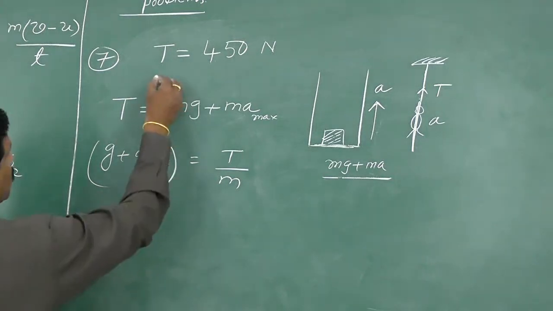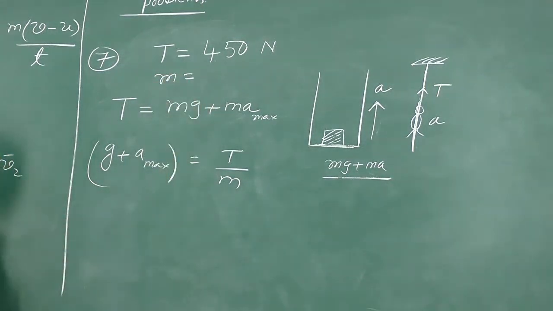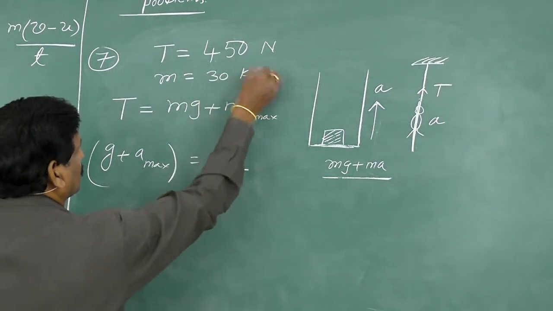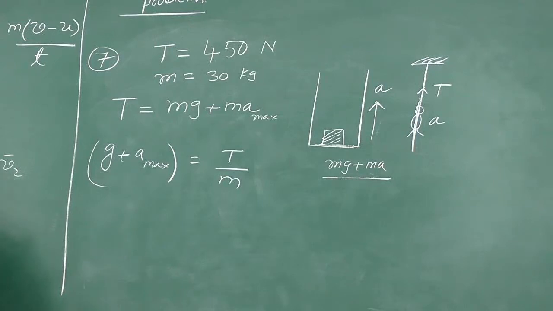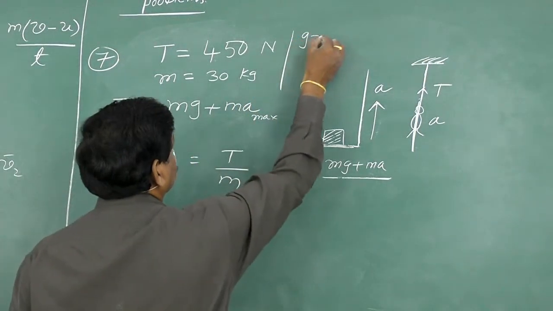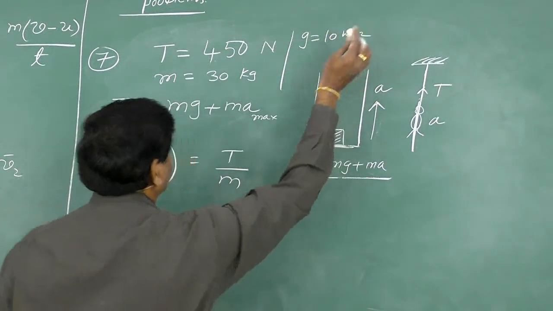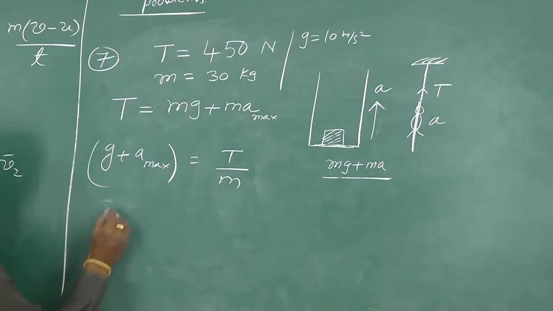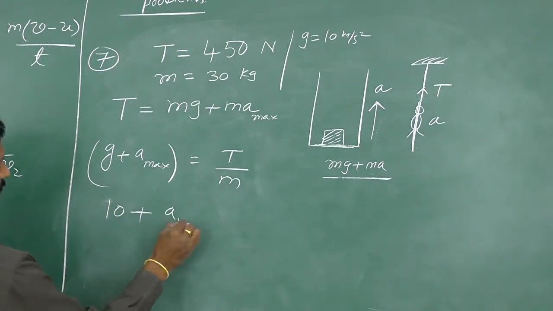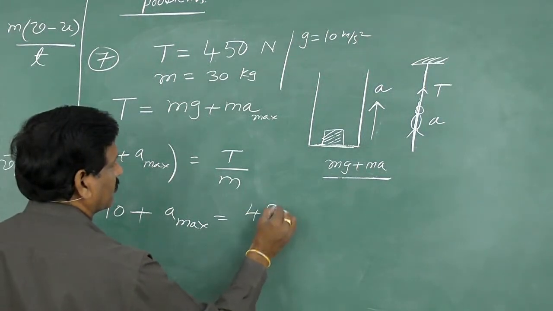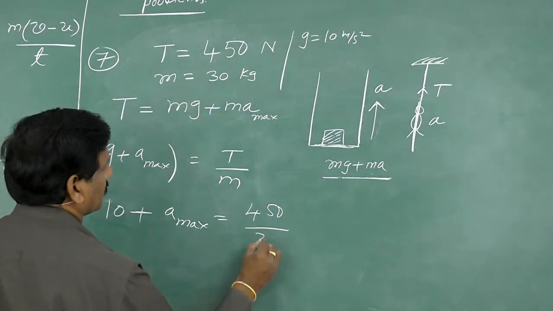And here mass of the man is given as 30 kg. And acceleration due to gravity, you can take g is equal to 10 meter per second square. So, g means 10 plus a maximum is equal to T, which is 450, by mass of the man, 30.